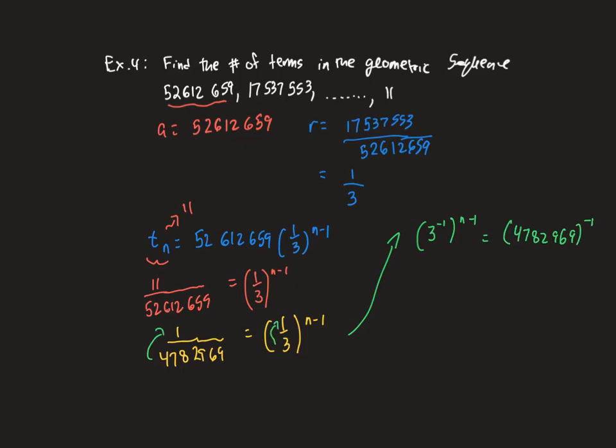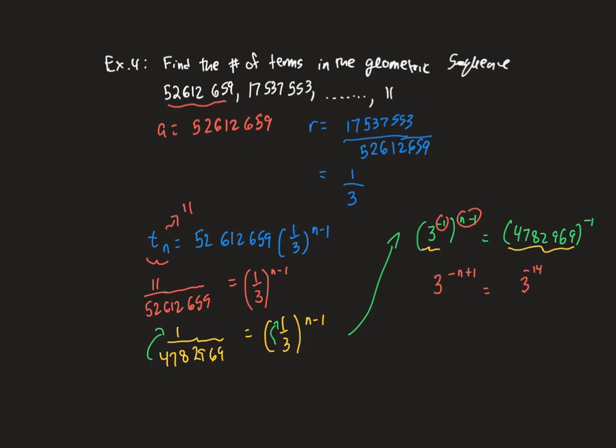So I want to get these to be the same base. If you prime factor it the same way we did before, you're going to find out. So first let's expand this actually. So you're going to get 3 to the power of negative n plus 1 is equal to this. If you keep dividing it, you're going to find out it's 3 to the power of 14, or negative 14 in this case.